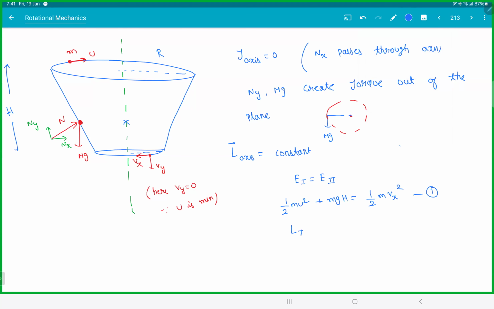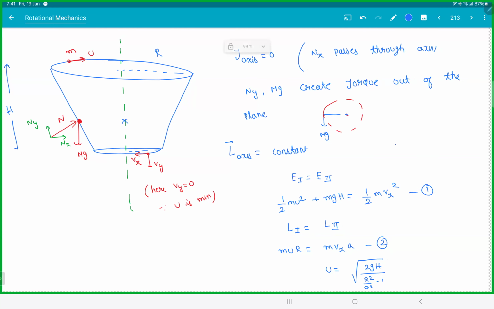Conservation of angular momentum: mur is equal to mvx into a. Two equations, two unknowns, so I'll get the answer from here. That would be root over 2gh by r square by a square minus 1.